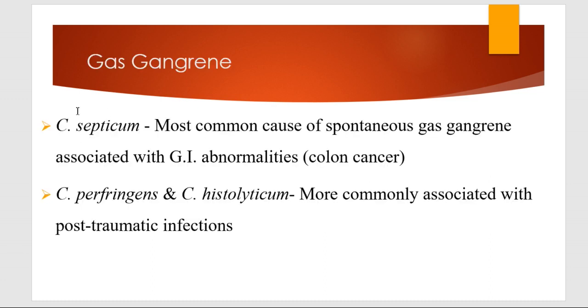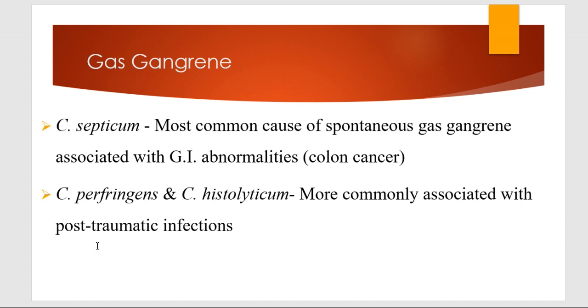The Clostridium septicum is the most common cause of spontaneous gas gangrene associated with gastrointestinal abnormalities. For example, a patient of colonic cancer during resection or in the post-operative period, or if ill-managed, may develop this gas gangrene because of Clostridium septicum.